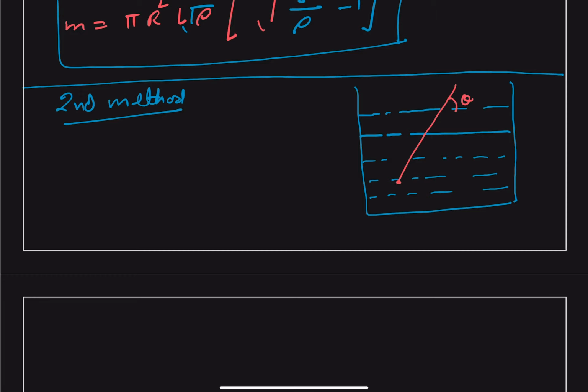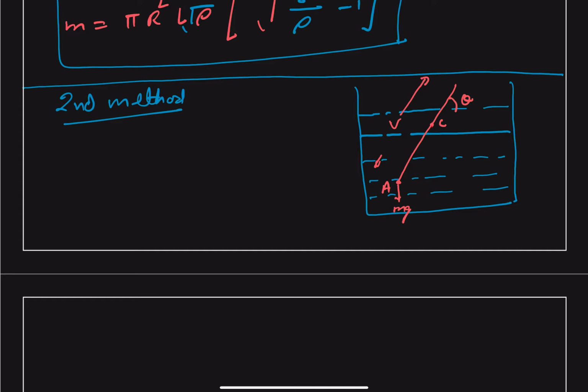So the force of this mass will be acting in the downward direction, that will be mg. Let us call this point A, and the total length of the stick is capital L. Let us call the center of this entire stick C. So C is somewhere here.